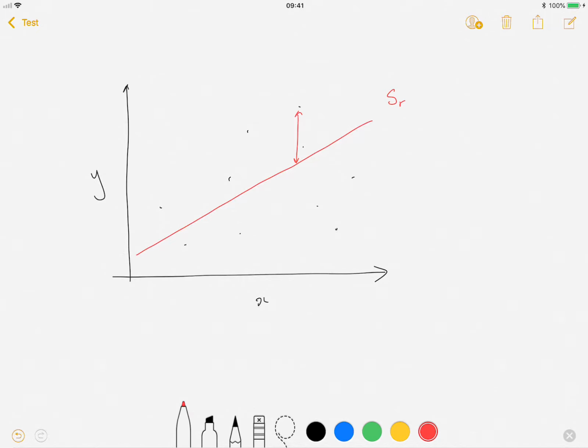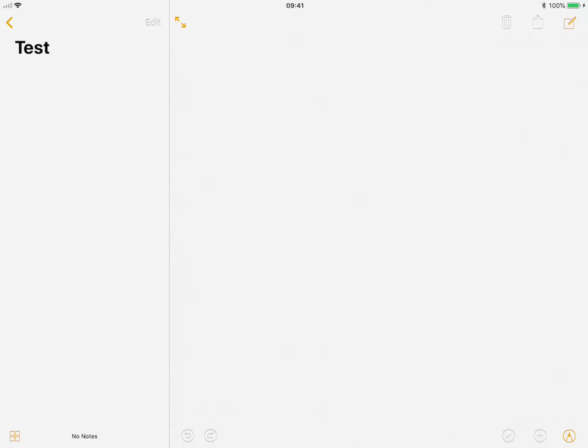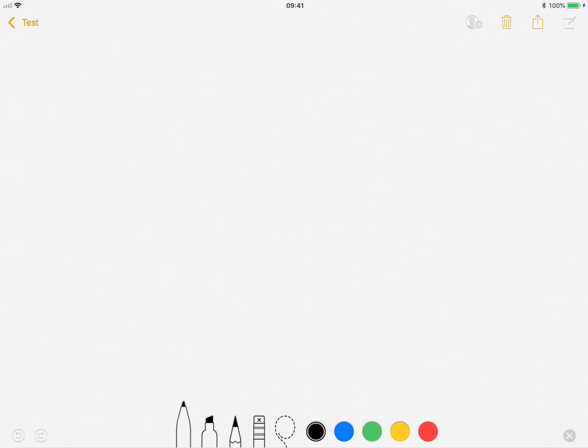And then the measure of the standard deviation, or in this instance we actually call it the standard error of the estimate, becomes S y/x equals the square root of SR divided by n minus 2.